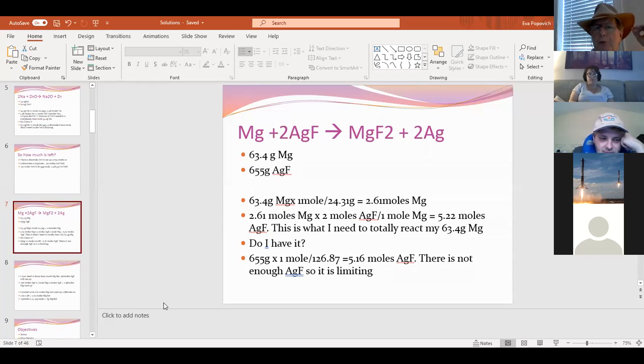I have a new problem here. Magnesium plus silver fluoride makes magnesium fluoride and silver. If I start off with 63.4 grams of magnesium and 655 grams of silver fluoride, I'm going to pick magnesium.